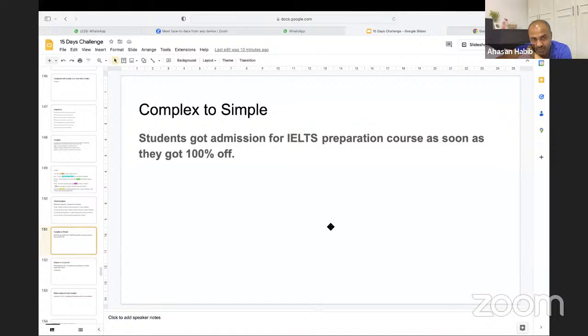I'd like to see everyone's comment in the chat box so that I can make sure you understood it and you got it. I'm gonna give you 30 seconds to type it.